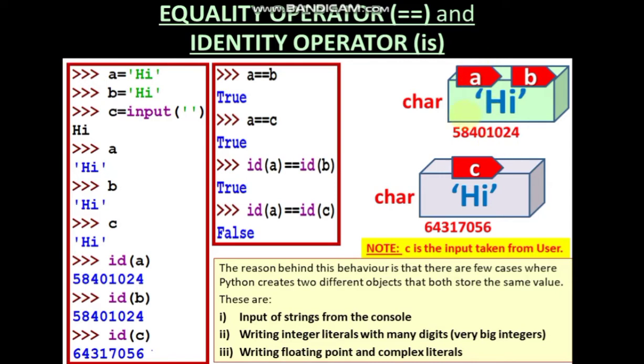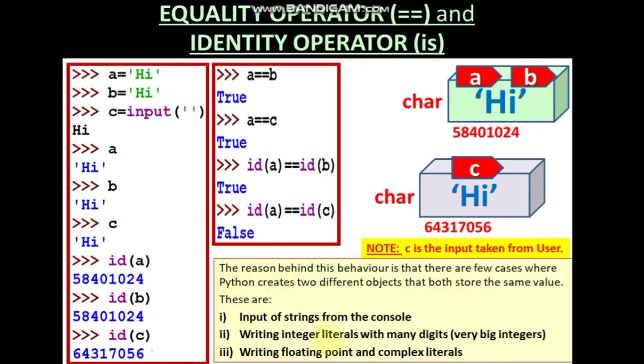But if we write A is C, that will be false, because though the values are the same, their IDs are different, their memory locations are different, because C is the input taken from the user. As you can see here, now the IDs are different. A and B have the same ID. You can check it practically also. Now the reason behind this behavior is that there are a few cases where Python creates two different objects that both store the same value.